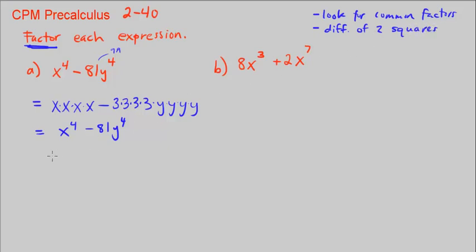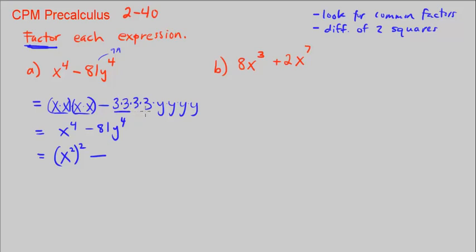Okay, so if we take the square root of x to the fourth, that's just x squared, right? So x to the fourth is the same as x squared squared, right? You can even see here, this is going to be x squared times x squared. Minus, well, what do we see here?